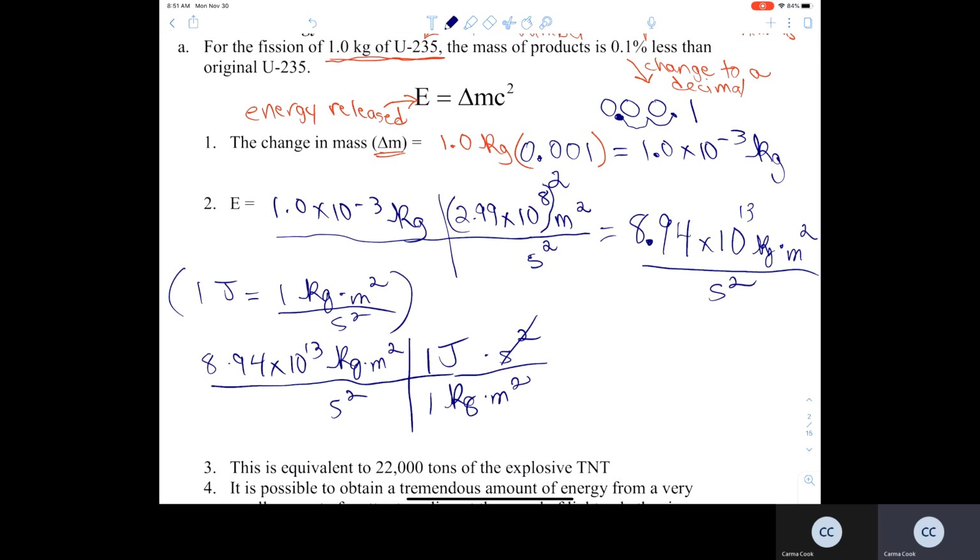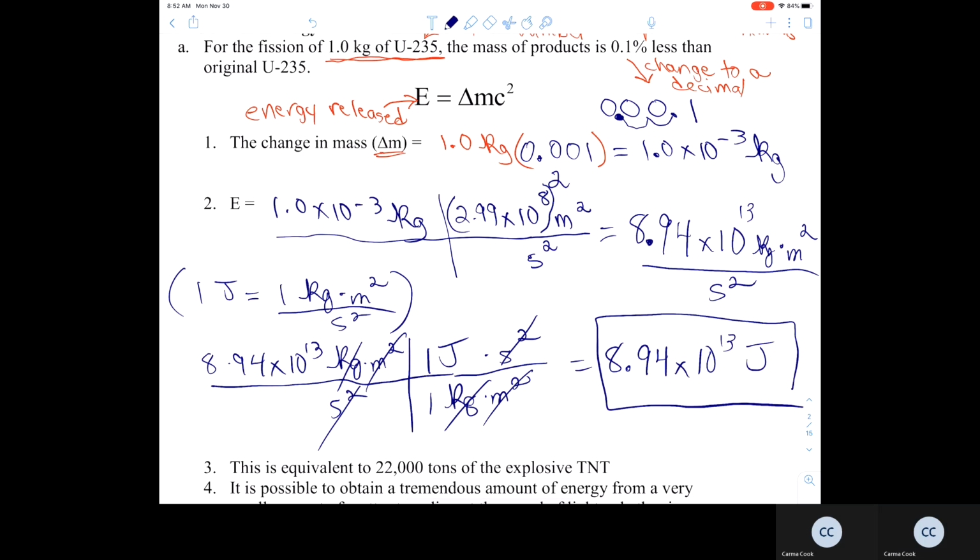And so you can convert the kilogram meter squared per second squared into joules by using that conversion factor. So there's our energy in joules, because 1 joule is the same thing as 1 kilogram meter squared per second squared.